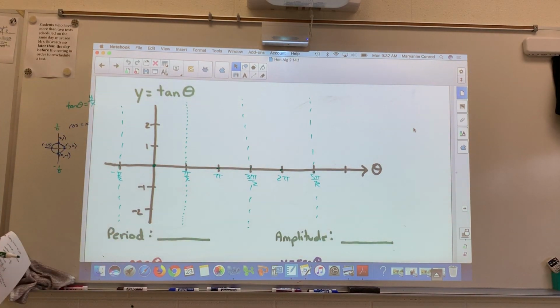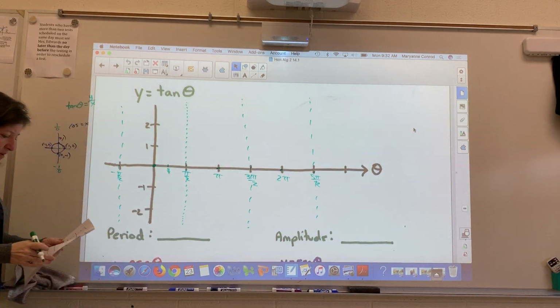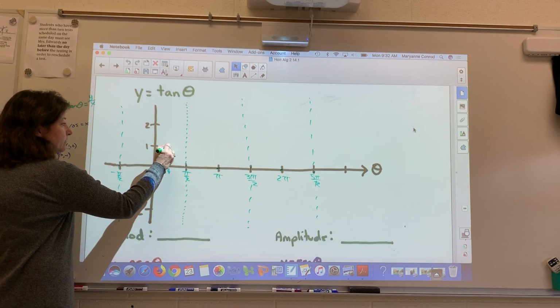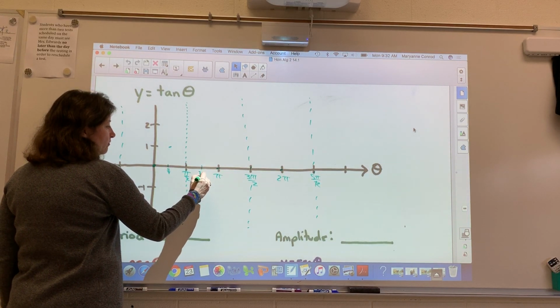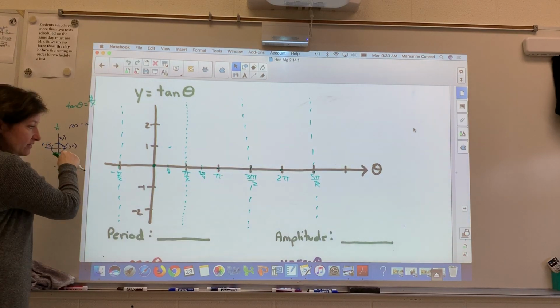But what does the curve do in between? How am I going to figure that out? Well, to help me figure that out, I'm going to use pi over 4, which will be right here. What is tangent of pi over 4? It is 1. What is tangent of 3 pi over 4? Well, tangent of 3 pi over 4 would be the same as pi over 4, but I'm over here in the second quadrant. What is tangent in the second quadrant? -1.